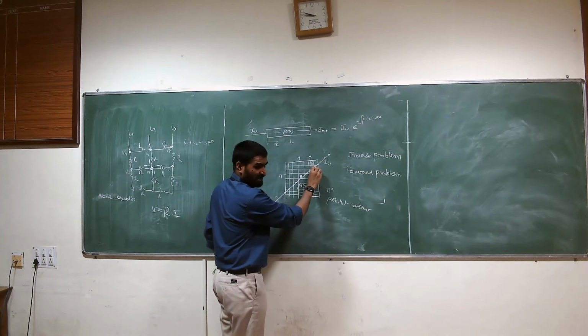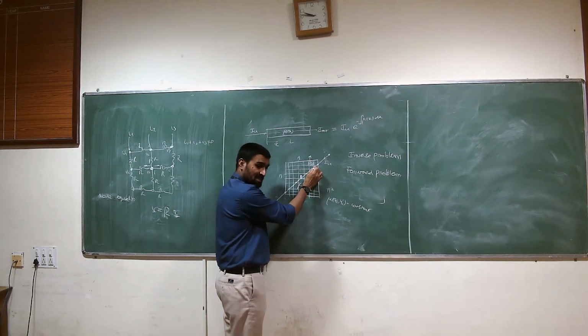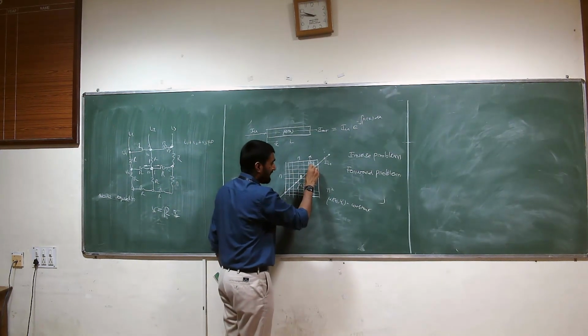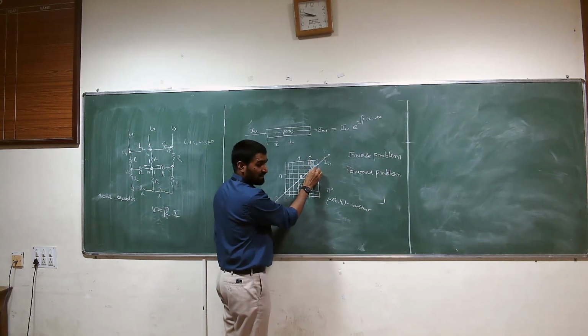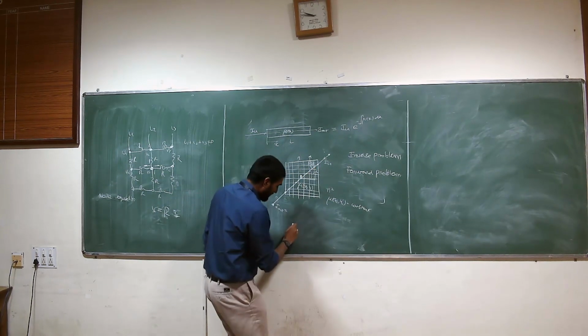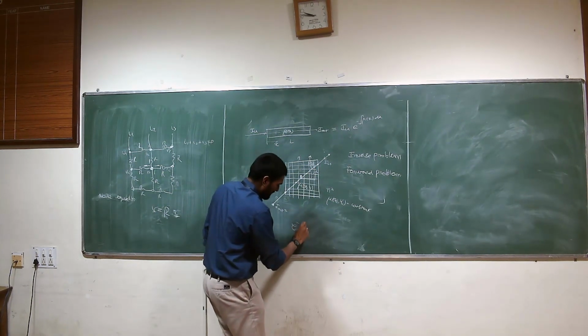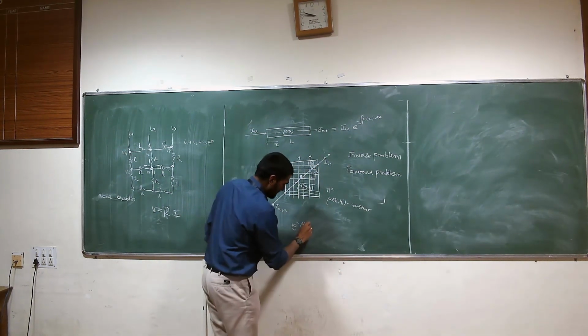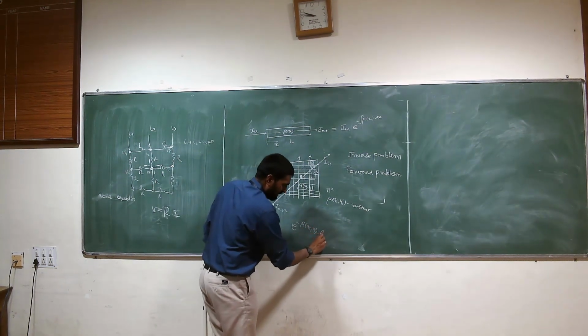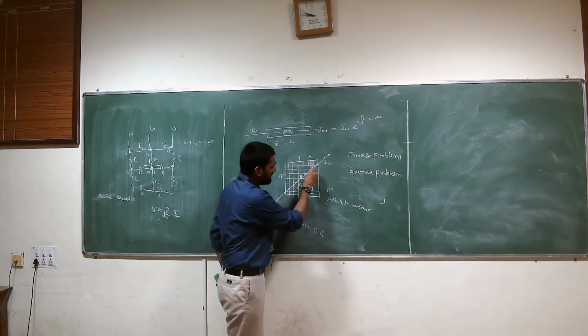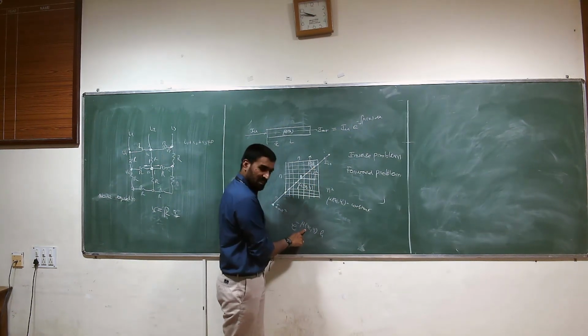If I know the length, then I know how much attenuation happens. Let's say this is L1. How much attenuation would happen to the X-ray here? It will depend on e power minus mu of xi yj into L1, because it had to travel a distance of L1 with this attenuation coefficient.